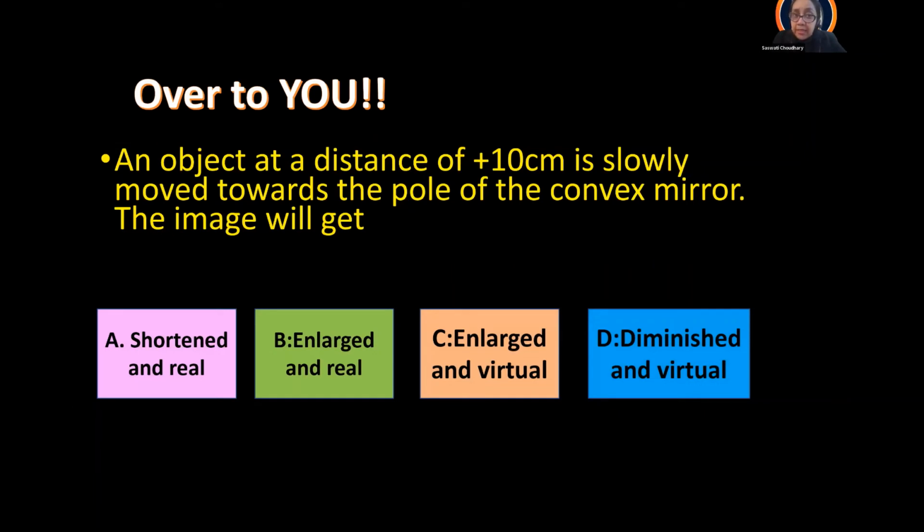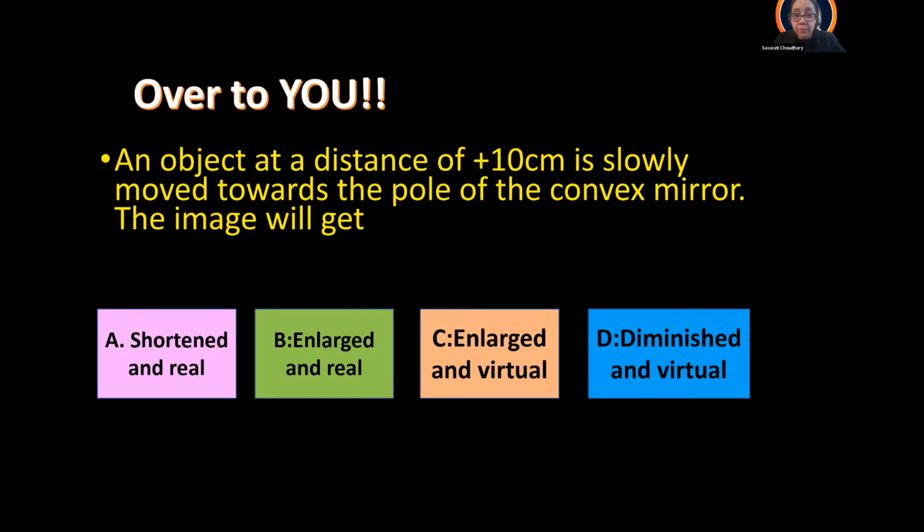An object kept at a distance of 10 centimeter is slowly moved towards the pole of the convex mirror. The image will get: shortened and real, enlarged and real, enlarged and virtual, or diminished and virtual.